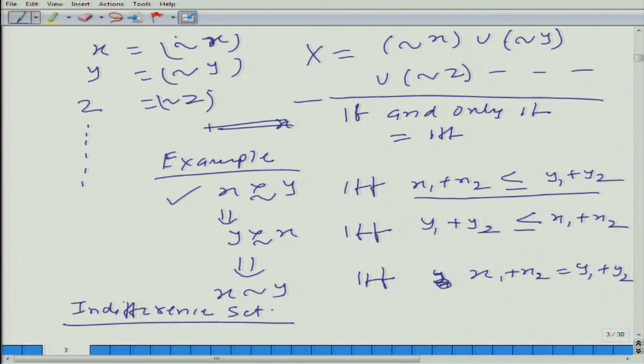You remember how do we describe a set? Try to remember what you have learned in class 9th and 10th, because I believe these days they introduce set theory in class 9th, 10th. So, how do you describe a set? It is a collection of objects.